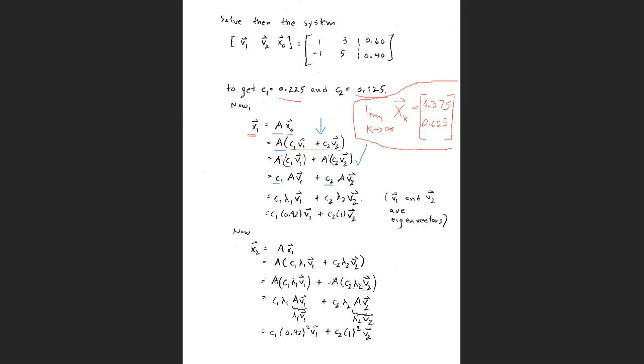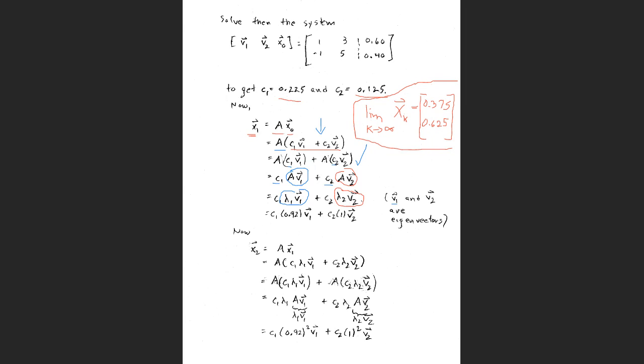But remember, v1 is an eigenvector, so A times v1 equals lambda 1 times v1. Similarly, A times v2 equals lambda 2 times v2.